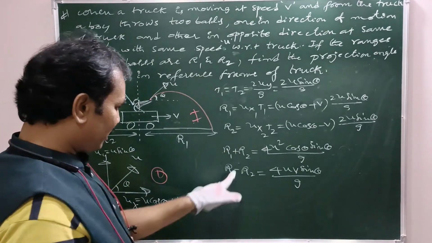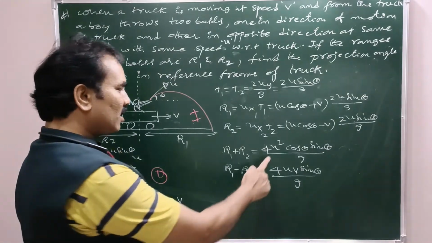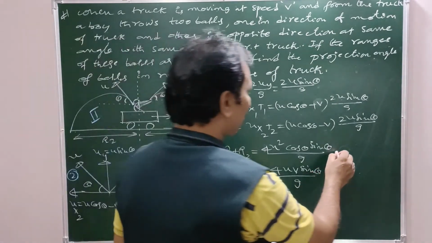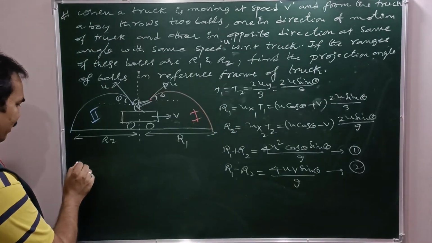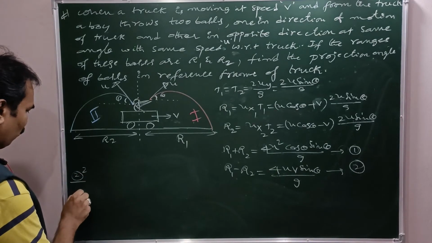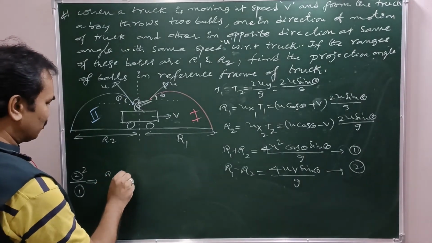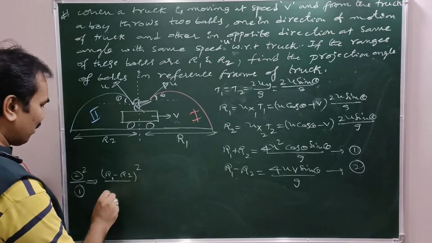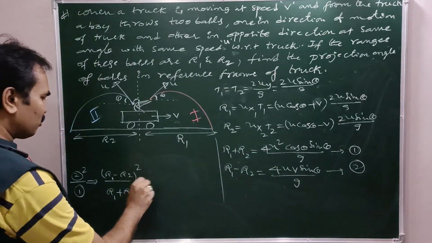So here R1 plus R2 is so and so, and here R1 minus R2 is so and so. Here u square is there, here u is there. So this is number 1 and this is number 2. Take 2 square by 1: R1 minus R2 whole square by R1 plus R2.